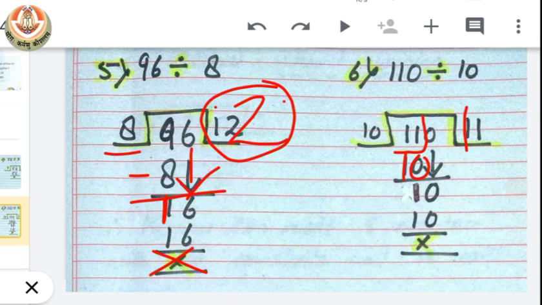When we subtract 10 from 11, we have 1 in remainder. Now we take our last digit, which is 0, so it becomes 10. 10 into 1 equals 10, and our answer is 11.